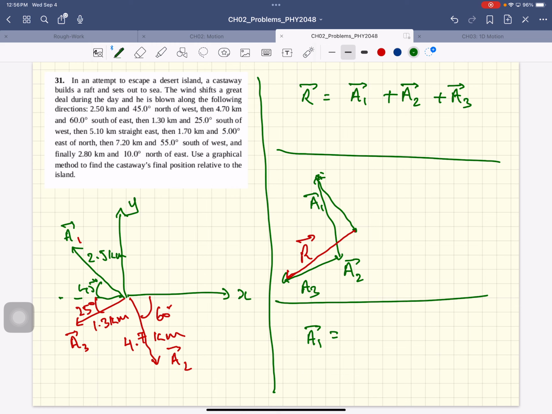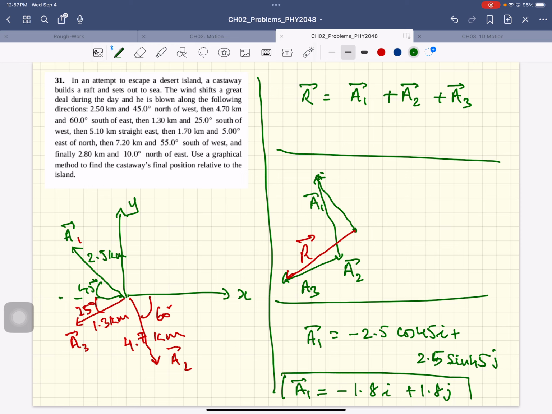A1 is negative 2.5 cosine 45 i plus 2.5 sine 45 j. All right, so there's A1.